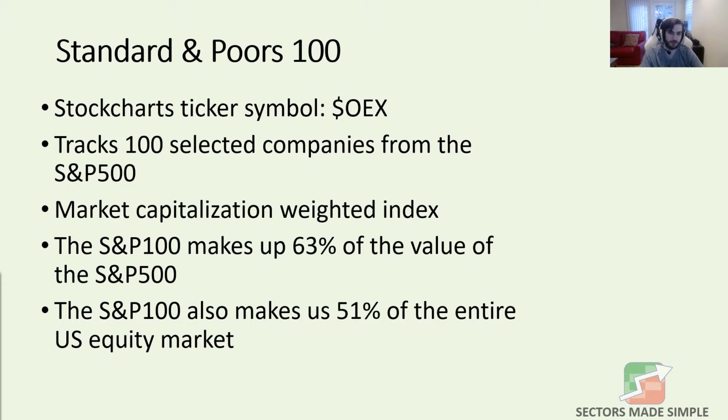So these 100 companies, while it is a small list, is over half of the value of the US equity market, which is absolutely nuts to think about. So the S&P 100 isn't as commonly used, but it is very interesting to look at because it shows us how a small group of companies owns more than half of the value of the US market.